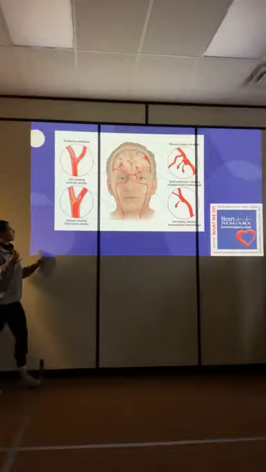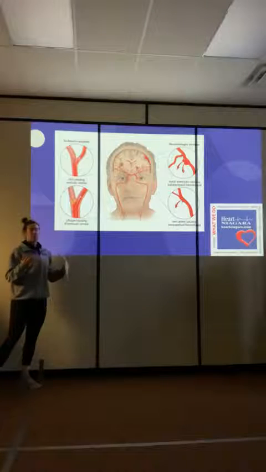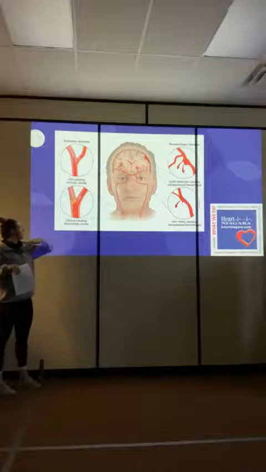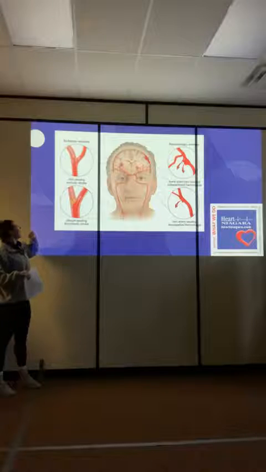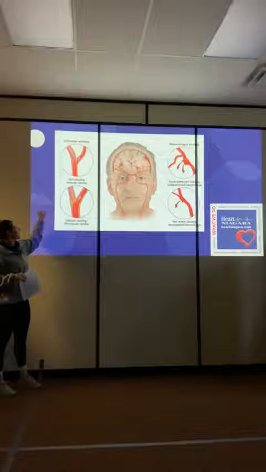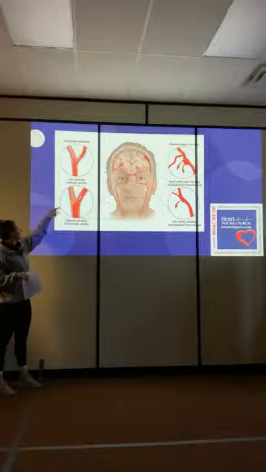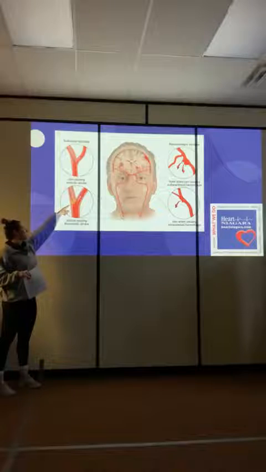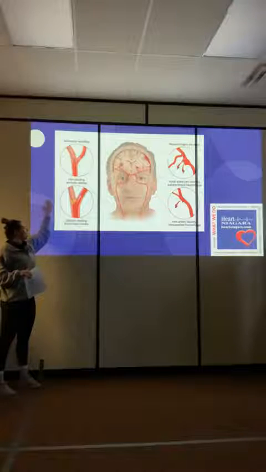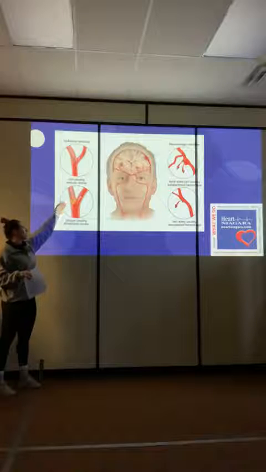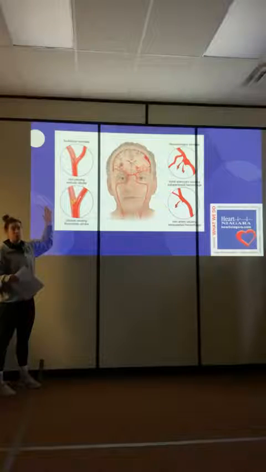So this is the next slide. This is another picture talking a bit more about those strokes. On the right side, this is our ischemic stroke. So again, we're having those blood clots. As you can see, the plaque buildup here is going to block that vessel, so then blood is not going to be able to get to one part of the brain.